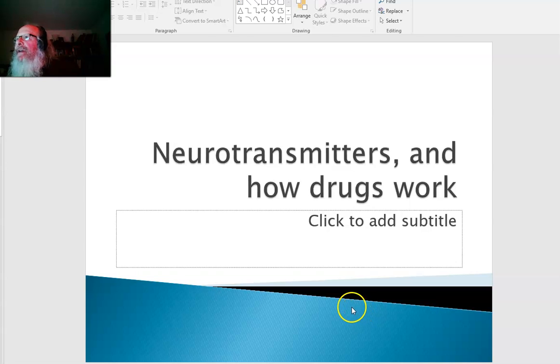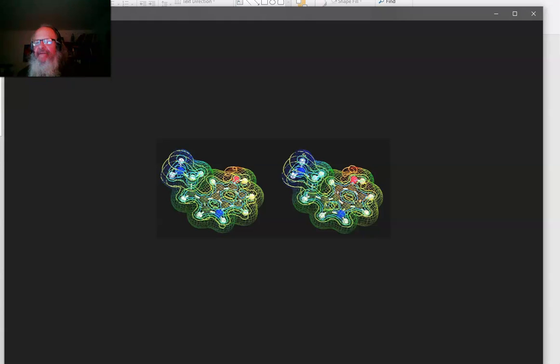In this particular presentation, we're going to be looking at the slides in Chapter 3, PowerPoint 3, Neurotransmitters and How Drugs Work. If you looked at the previous presentations, one of the things we've been focusing on is the idea that neurotransmitter chemicals, which transmit information from one neuron to another or from one neuron to a piece of muscle fiber, have physical shape and size and construction.